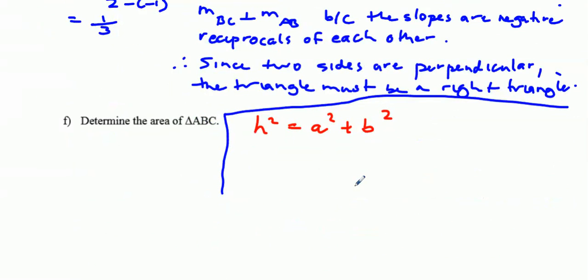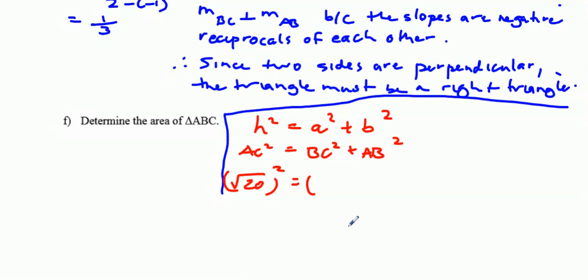So this is like saying AC squared is going to be equal to BC squared plus AB squared. Well, we have those lengths. So this was the square root of 20 squared. BC we calculated to be the square root of 10 squared, and AB the same. So if we can prove that this is true, that left side equals right side, then it has to be a right triangle.